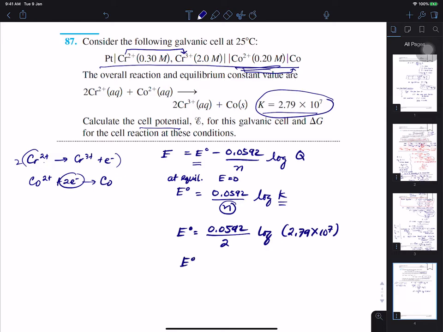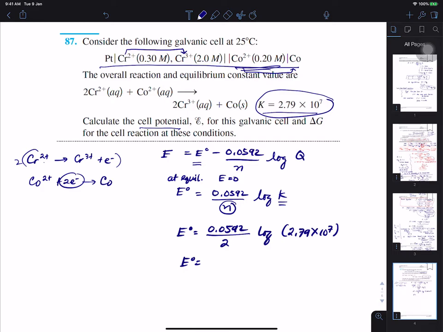So let's see what the E naught value is here. Okay, let me just work it out on a calculator. 2.79 times 10 to the 7th, taking the logarithm of that number, that's 7 point something, times 0.0592 divided by 2.